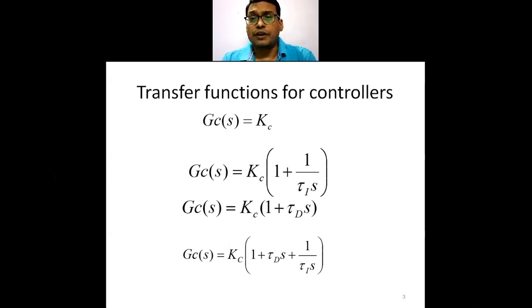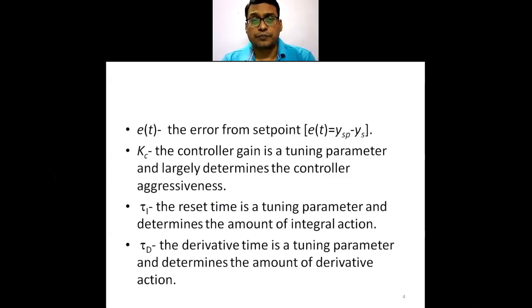So you will require all these values. Kc, that is the controller gain, is nothing but a tuning parameter and largely determines the controller aggressiveness. This proportional controller gain is a tuning parameter. You are going to tune it so that it works in a proper way, and it determines the controller aggressiveness.